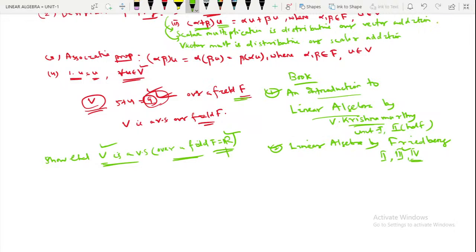Okay, that means by default you have to assume R is the field.